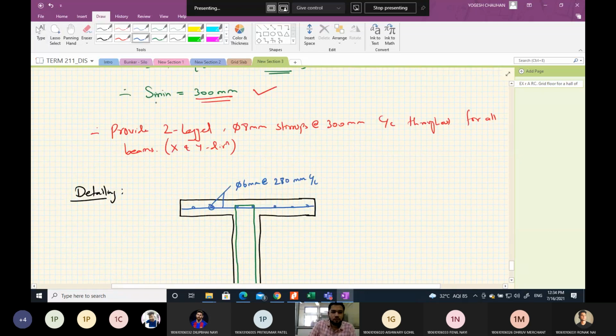And these are the 2 hanger bars of 12 mm diameter. Two numbers of 12 mm hanger bar.